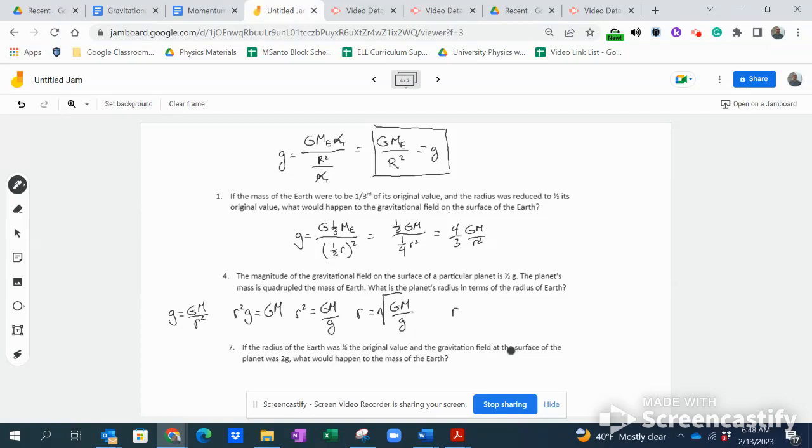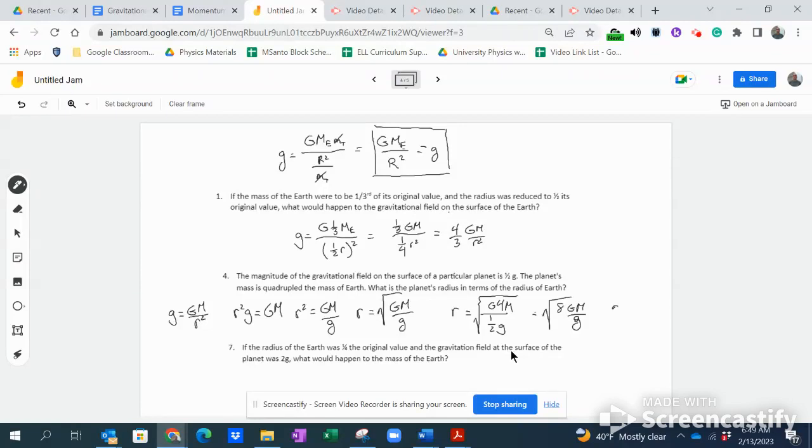So in this case, we see that the gravitational field is half the original gravitational field, and then the mass is 4 times the original. Make the whole thing square rooted. So 4 over 1/2 is going to be the square root of 8 times GM over g.